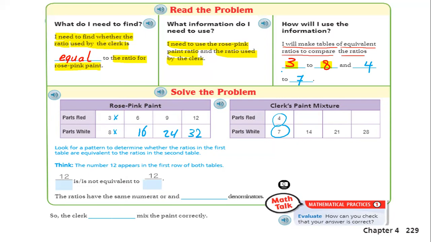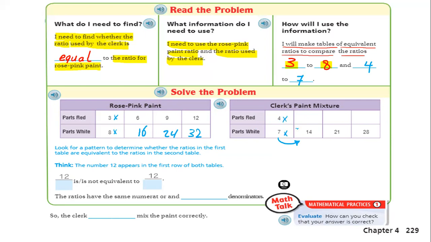Okay. What is the second ratio? 4 to 7. Thank you, Muhammad. I need to complete that table by using multiplication to get equivalent ratios.